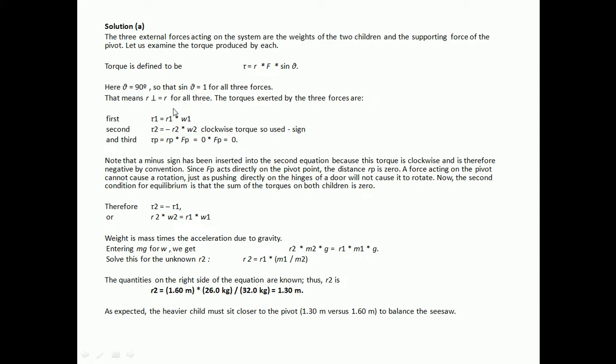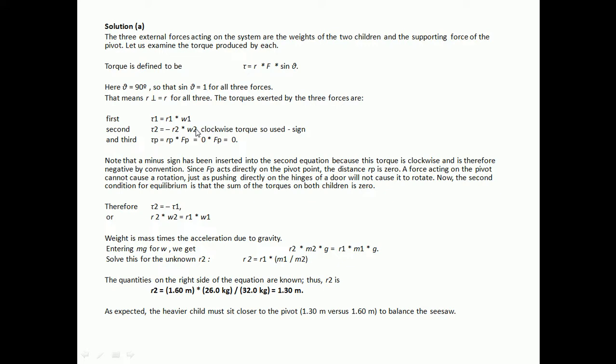Therefore our torque is equal to the radius multiplied by force. Now force is the weight, because in this particular case it is the weight. For the first child, torque is equal to the radius of the first child and the weight, and the second torque is equal to R2 and the weight, the radius where the child is sitting from the pivot.